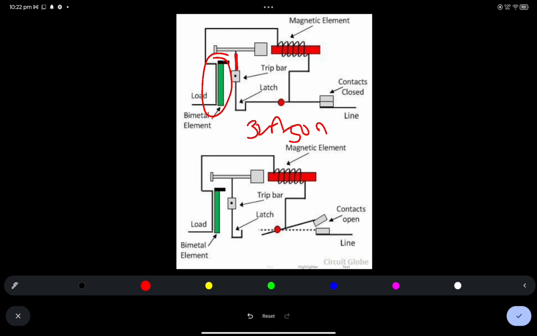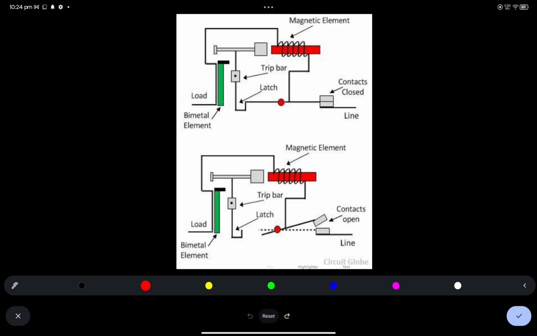When it touches the strip, the latching happens and delatching of the moving contact, so there is an open contact you can see here. This is how it works during an overcurrent, to protect the equipment. What is this magnetic element? Basically, the magnetic element comes into the picture when there is a short circuit between this line and the load.